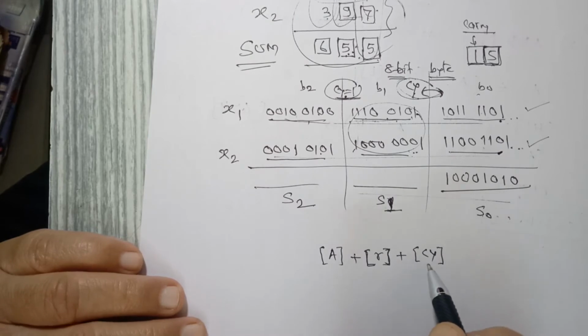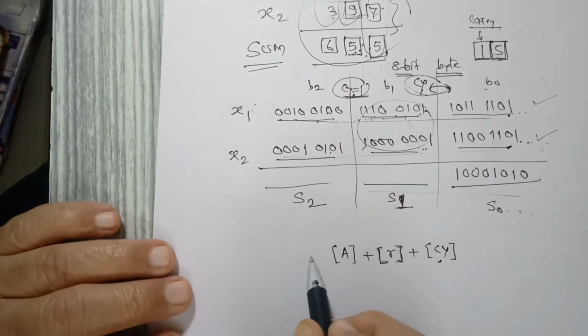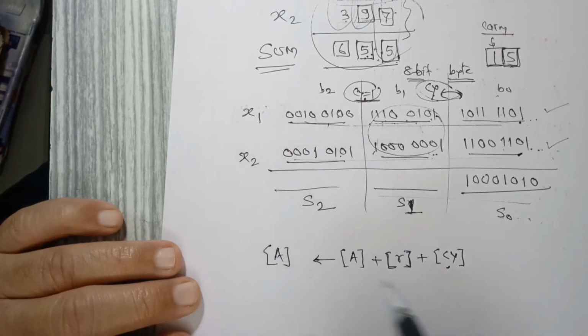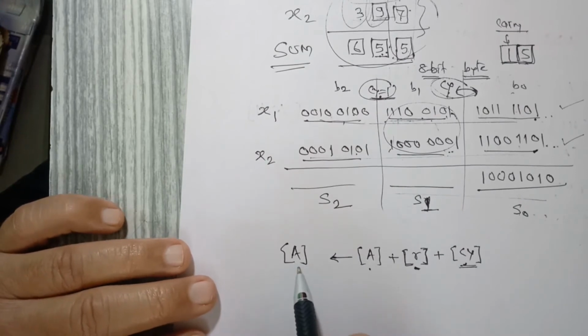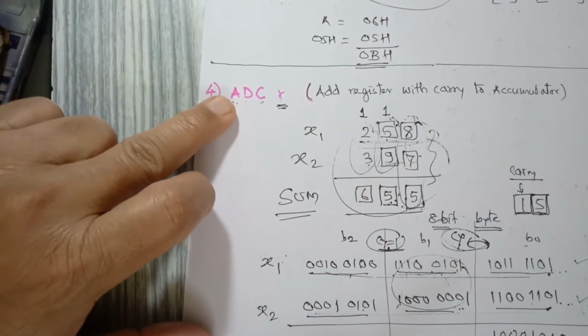If it is 1, 1 will be added. If it is 0, 0 will be added, that means no effect, and the result will be placed into the accumulator. So while handling multi-byte number addition, we require add with carry.